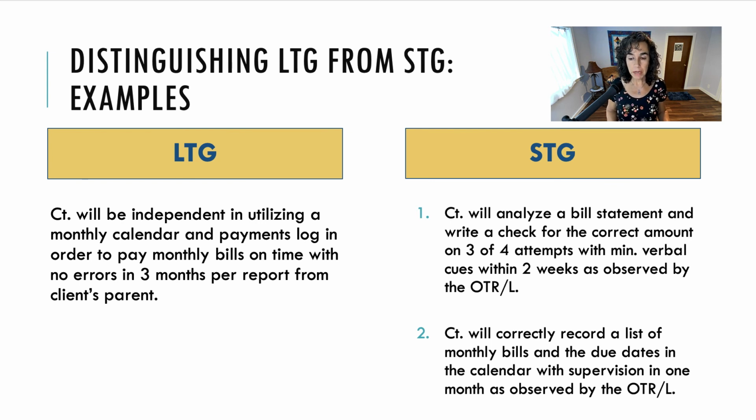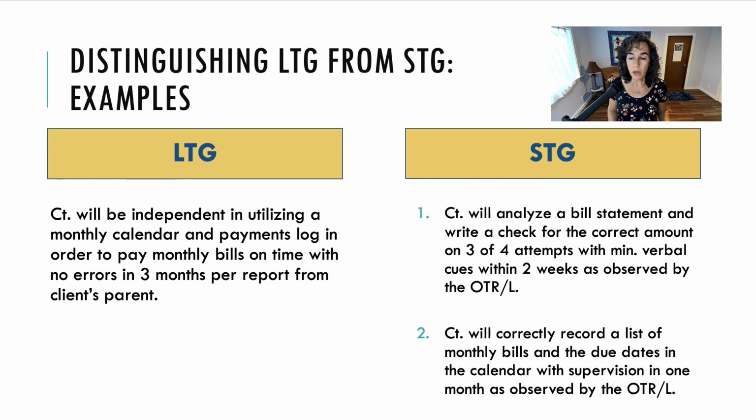The second one, the client will correctly record a list of monthly bills and the due dates in the calendar with supervision in 1 month as observed by the OT. So in this one, we're looking at a different aspect of bill paying. We're saying, okay, they're going to put everything on the calendar so that they can remember to pay the bills when the bills come due.